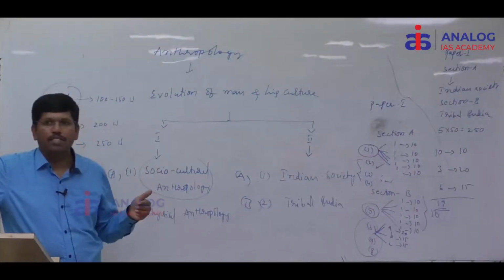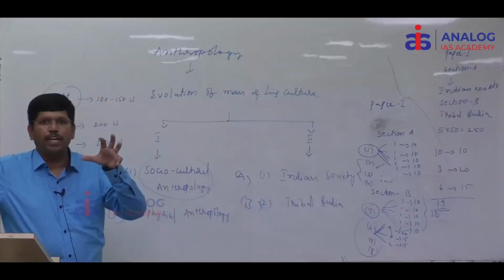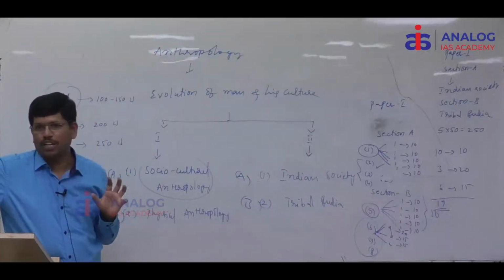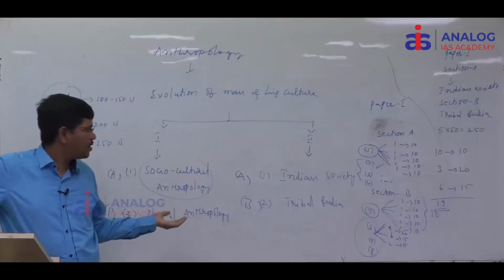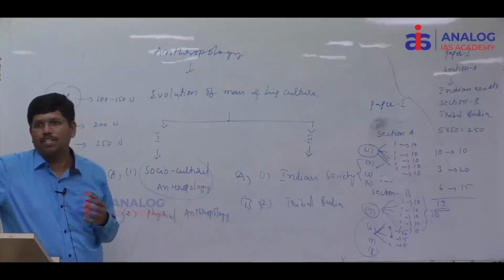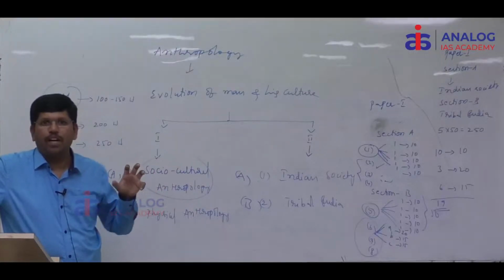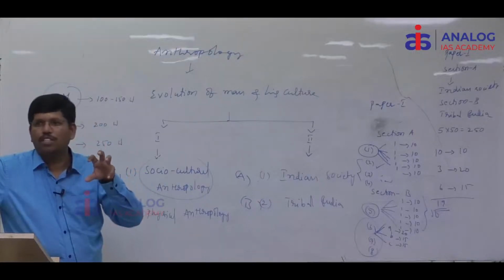Now in this class, from now onwards, we are going into the subjects, and I'm going to explain the basic components of the most important topics of our anthropology. In anthropology, we'll study social cultural anthropology, physical anthropology, Indian society, and tribal India. We'll study all these components, and I'll give you the framework and the foundation concepts, the basic concepts.